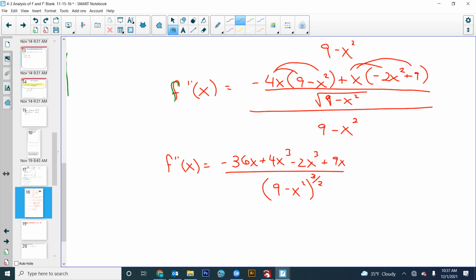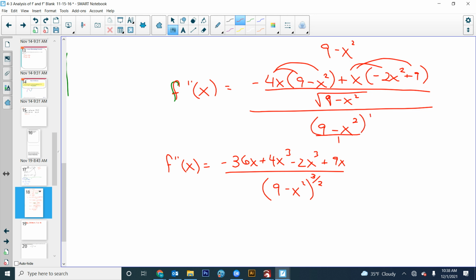Here's what I did. I flipped. Keep, change, flip. I flipped and multiplied. I had 1 over 9 minus x squared. Do you agree a 9 minus x squared to the power of 1 times a 9 minus x squared to the power of 1/2 multiplied together? Let's say it again. This is 9 minus x squared to the first.